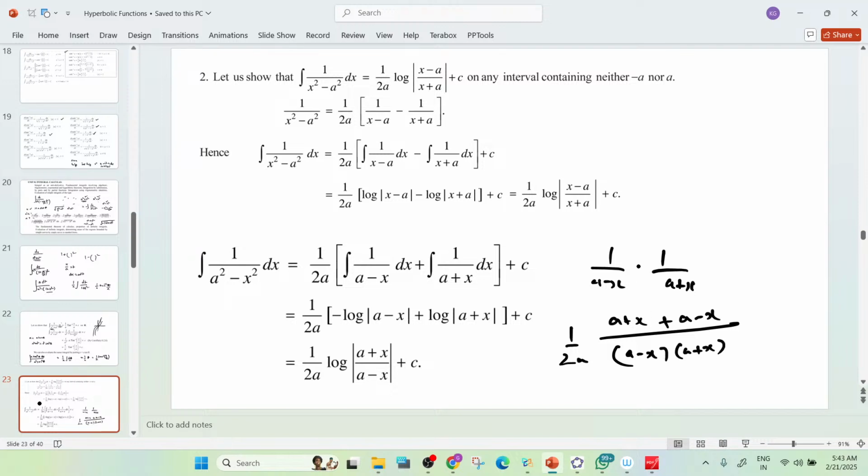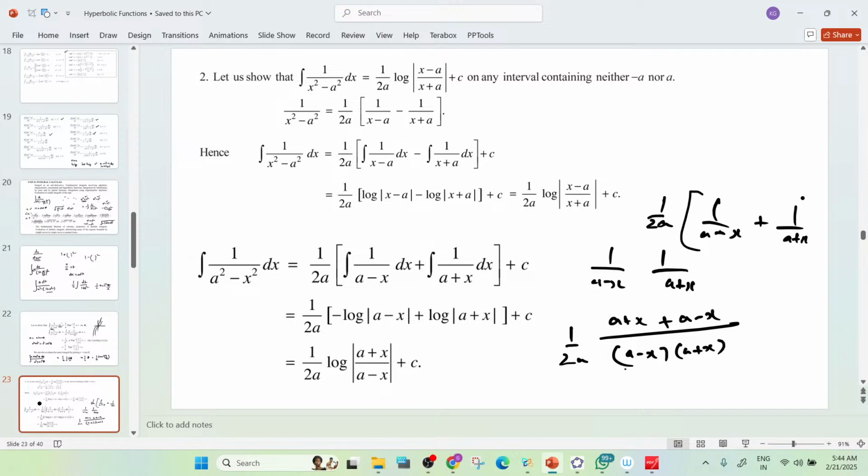Basically we are getting the numerator as 2a by 2a. Why are we doing this? Because we want to separate this into partial fractions. Later you will learn the techniques of partial fractions also. For now, this converts to 1 by 2a into 1 by a minus x plus 1 by a plus x.